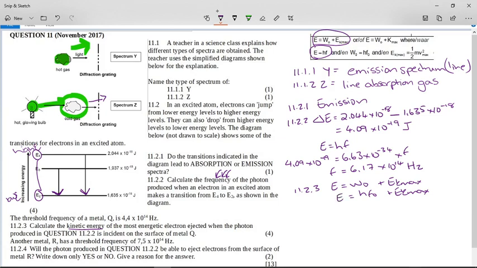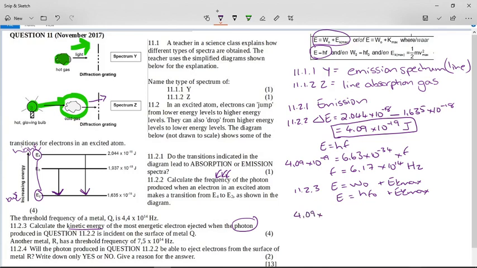So first thing we have to do is we have to know what is the energy of this photon. Remember, we calculated in the previous question the frequency of the photon, but this value over here was the energy of the photon. Remember, it comes from the transition when the electron jumped from the high level to the low level.